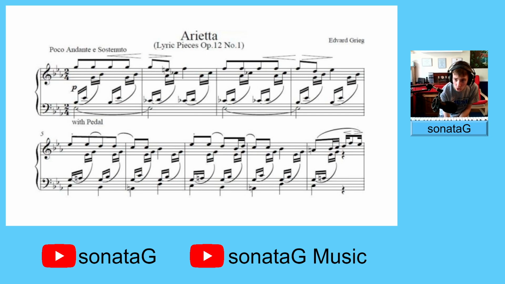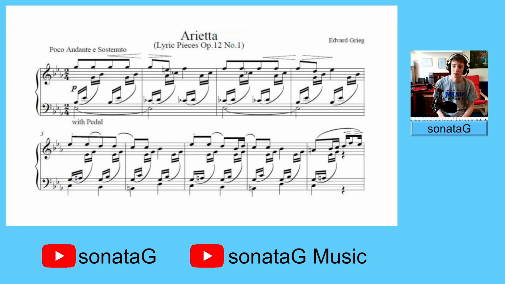So it's 2/4. So we have 2 beats in a measure, and the quarter note gets the beat. Now, I will say this piece is a little bit on the more difficult side to read. But if we just focus on the top line, we just have... like that.